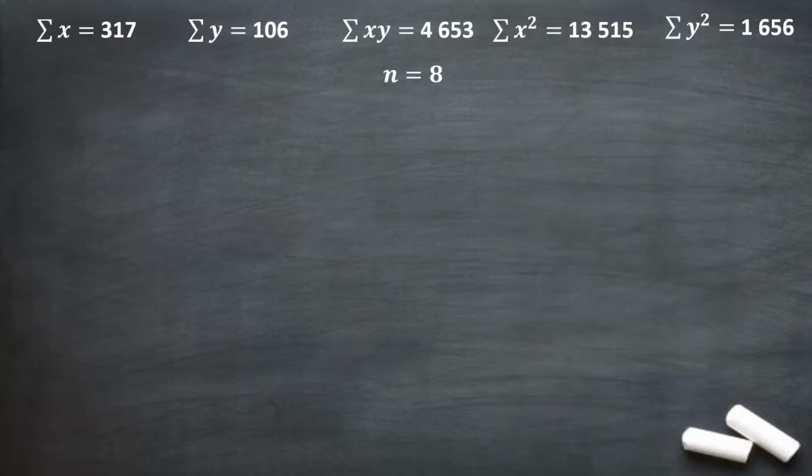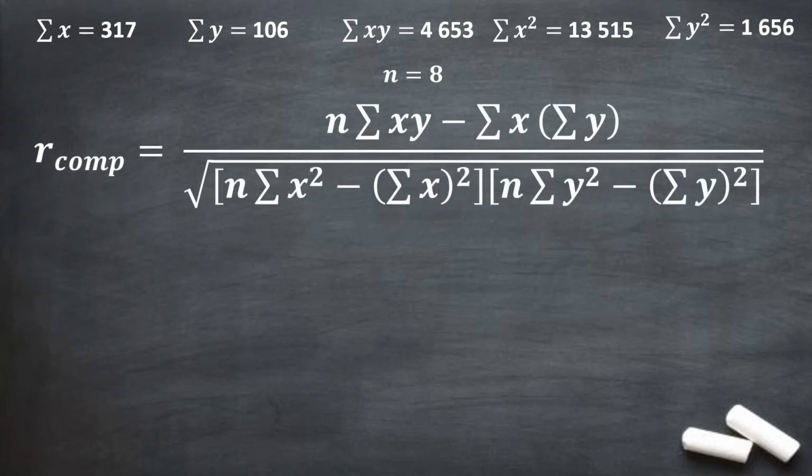Now that we know the values for the summation, we can now substitute those values in the given formula for us to get the R computed. So again, here's the formula for the R computed.